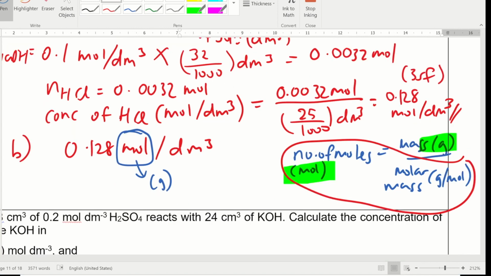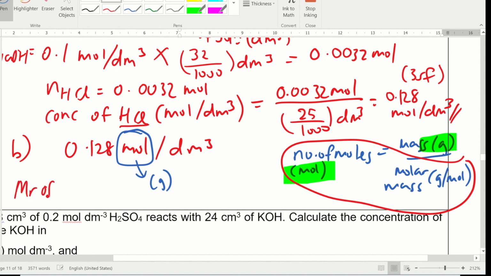So I need to find the molar mass of HCl. Molar mass of my HCl is 35.5 plus 1, which is 36.5 gram per mole.